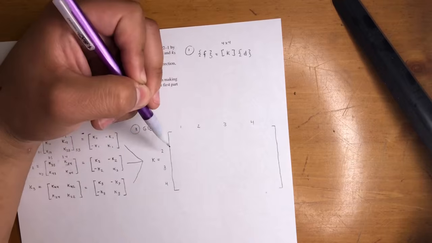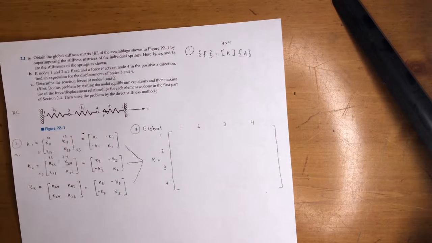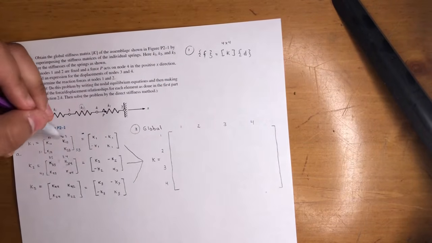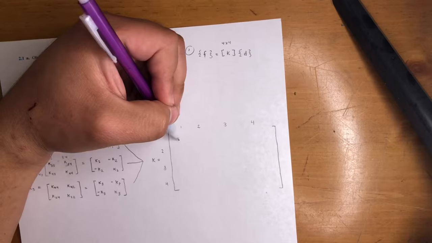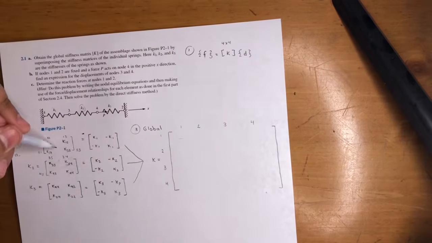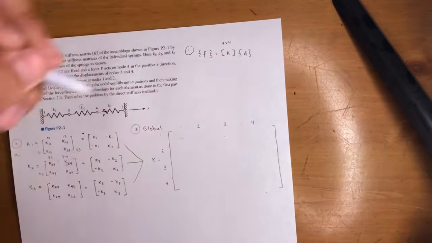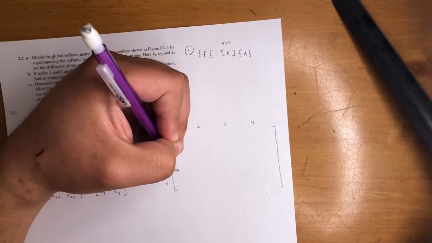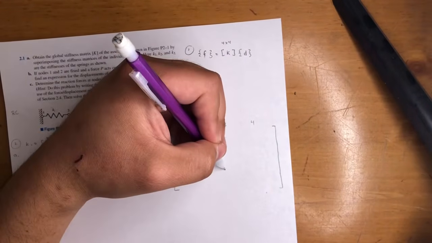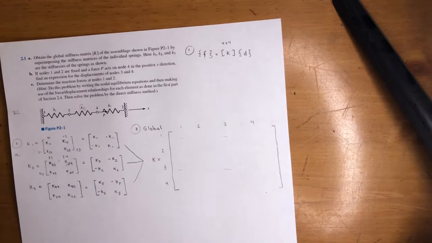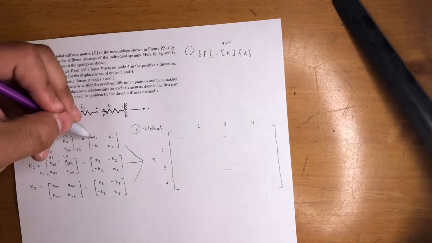Again, it's always row first and then column. So look, let's do the first one. So we got K11, K13, K31, K33. So that means it's this spot right here, this spot right here, this spot right here, right? K31, and then K33 is this one right here. So that means those are the 4 spots that this matrix is going to take up.